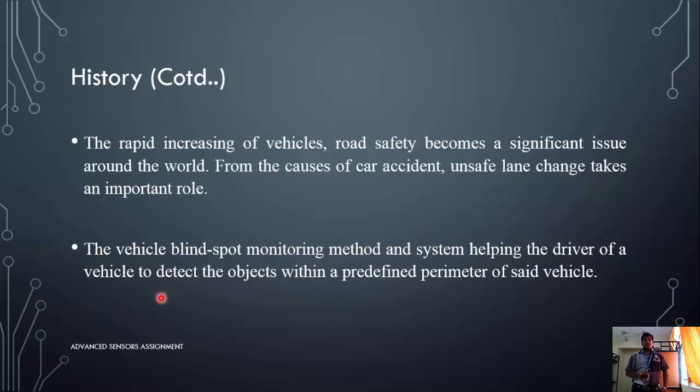Means, in the blind spot monitor sensor, we can maintain a minimum range to observe the blind spot alert. Whenever an object enters the blind spot area, it will alert the driver and indicate whether you have to change the lane or stay where you are.